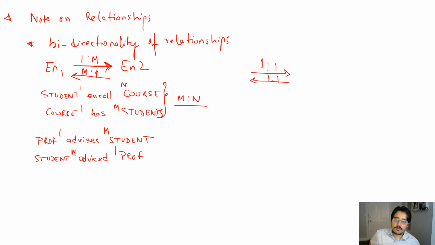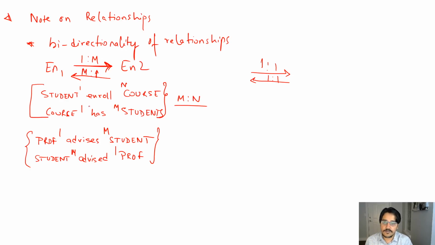But what you need to read between the lines is that for this relationship type, which is 1 is to n, if in one direction you have 1 is to m, then in the opposite direction m is to 1 must hold as well, right? So a student should be advised by only one professor and not m professors.